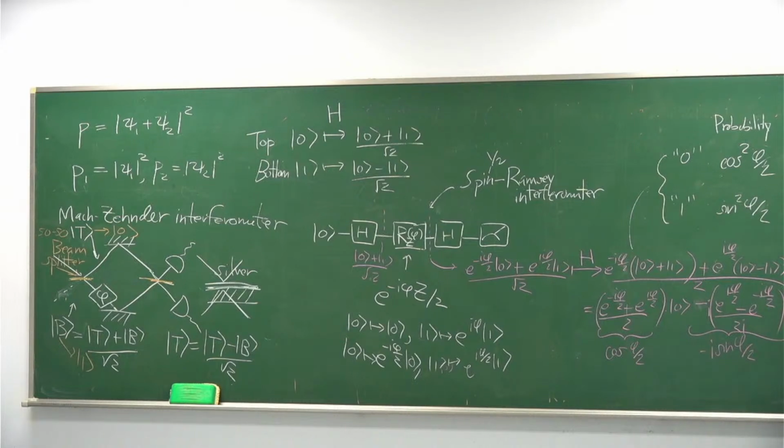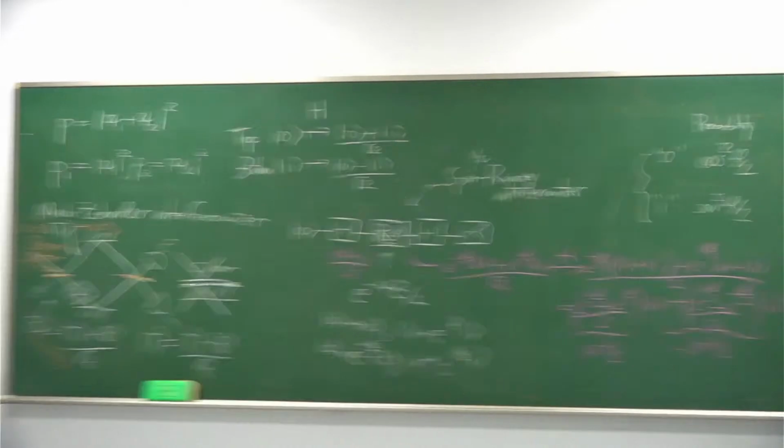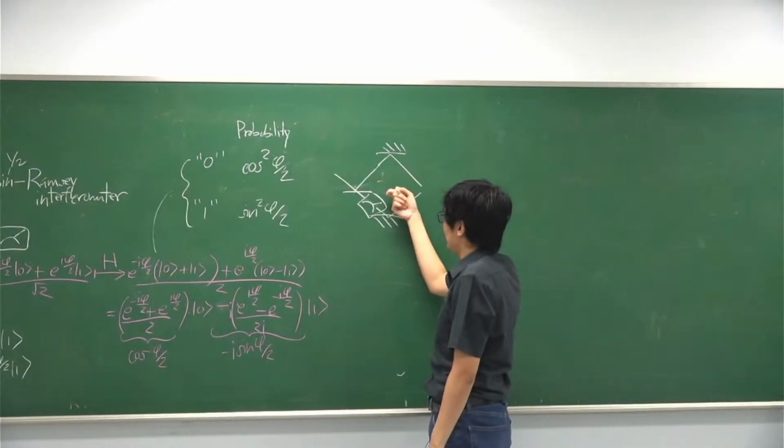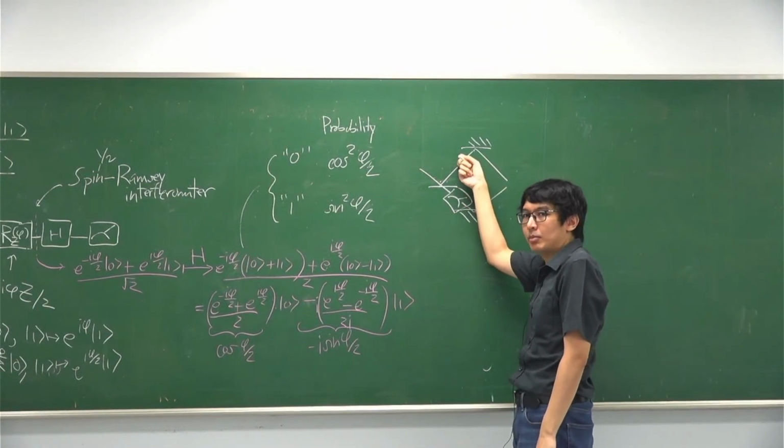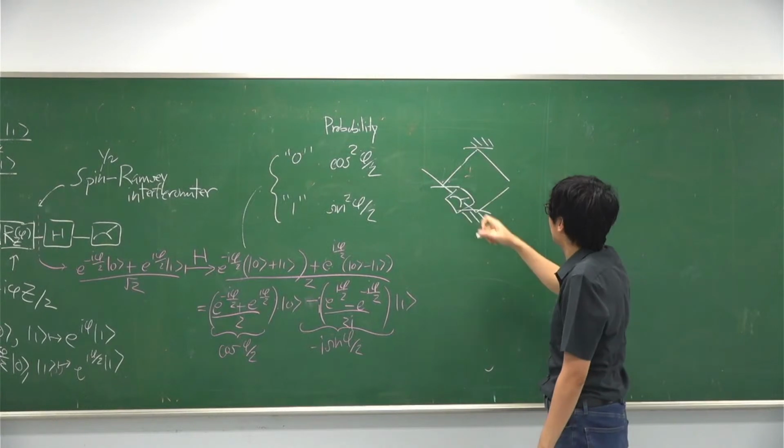And we can do the same as in the double slit experiment. We can consider another scenario where instead of putting a phase here, I measure to see if the photon is in this arm or the other arm.